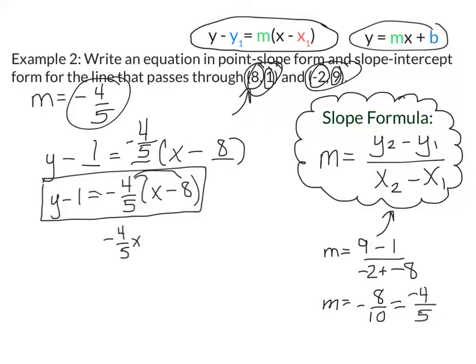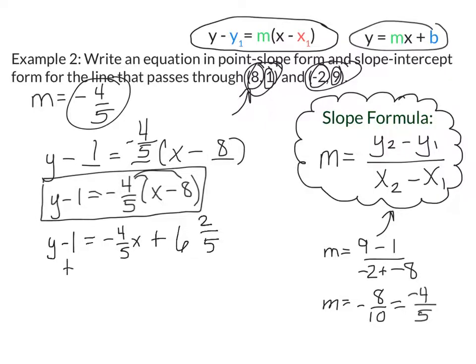And then negative 4 times negative 8 is positive 32. And then 32 divided by 5. So 5 goes into 32 6 times with 2 left over. So 2/5. So y minus 1 equals negative 4/5 x plus 6 and 2/5.